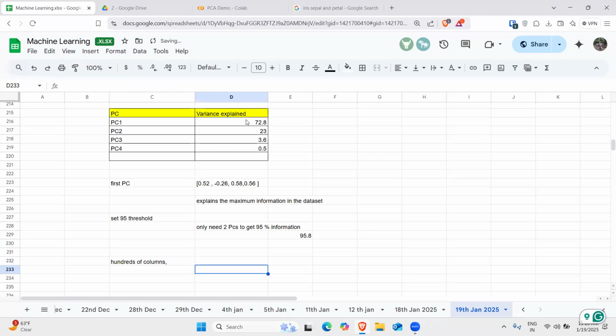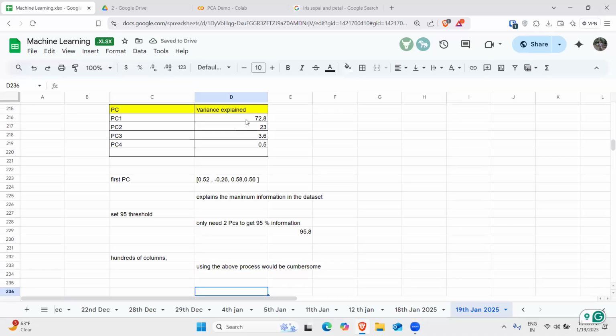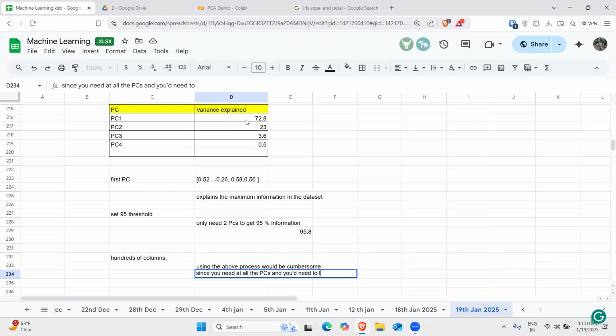Using the above process would be time consuming, cumbersome, since you need to look at all the PCs and keep adding their variances up to find the total variance captured.